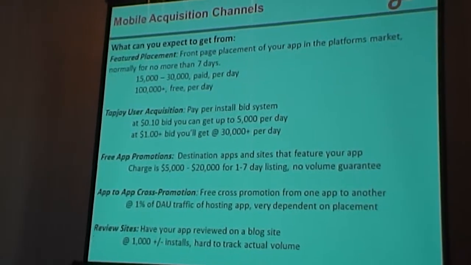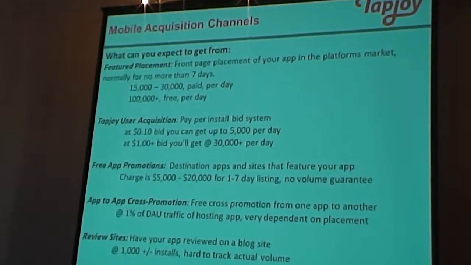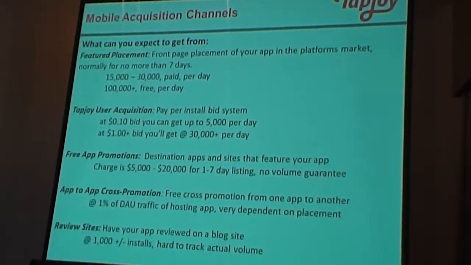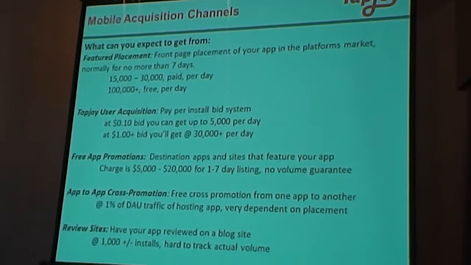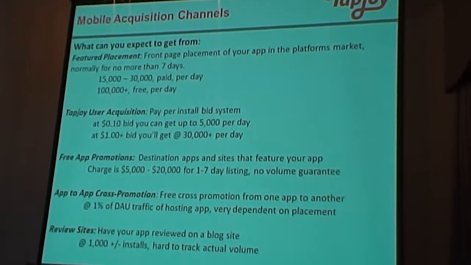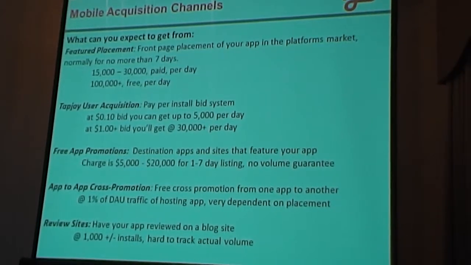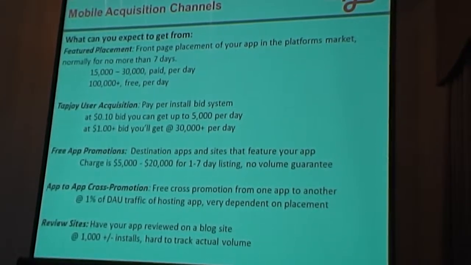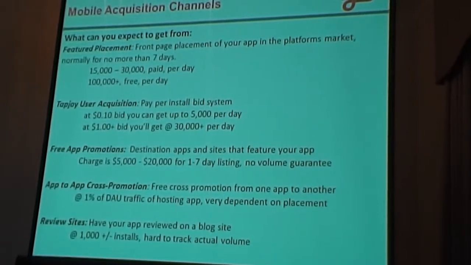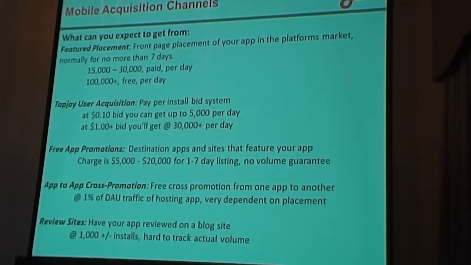So make friends with the guys at Apple, make friends with the folks at Google. Whatever you can do to get that featured placement, it's critically important for you. There is no real secret sauce to it. There's no bribing, there's no paying for it. It's really, in this case, people say it all the time, but it's really about making a good app.